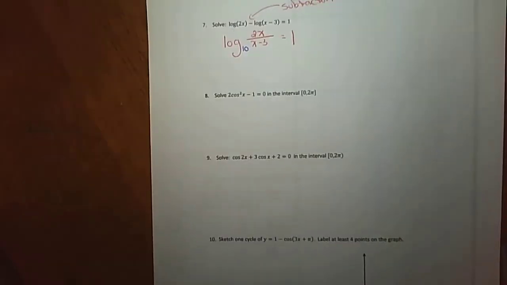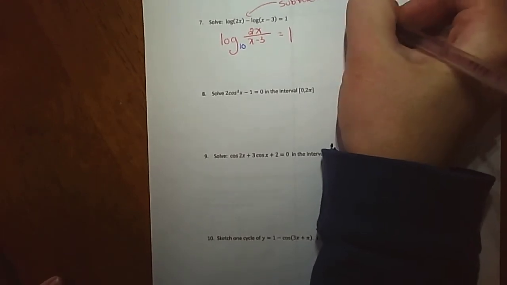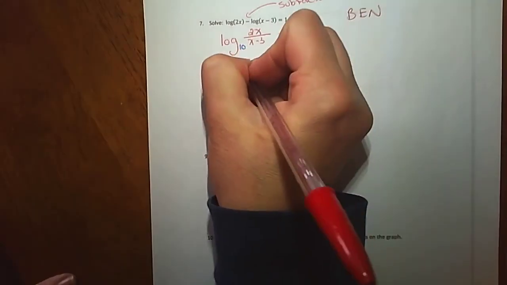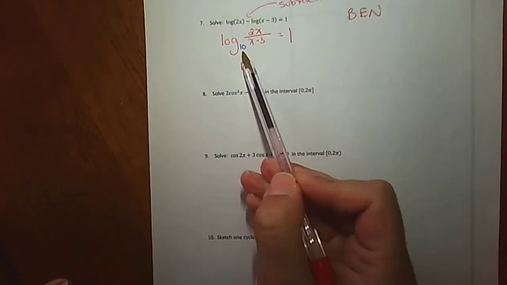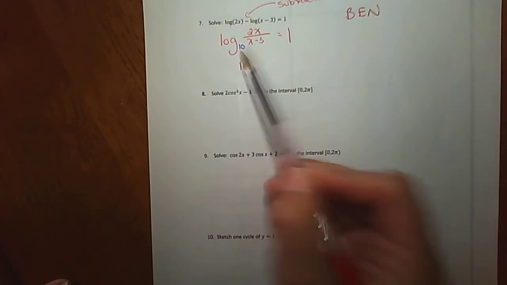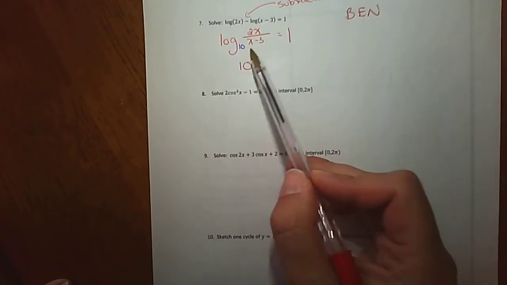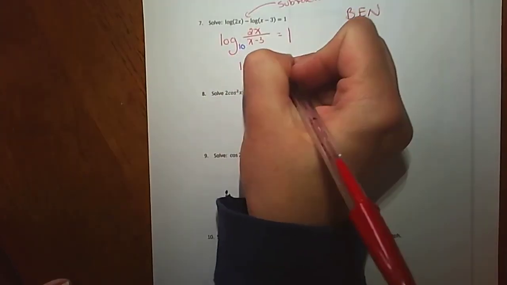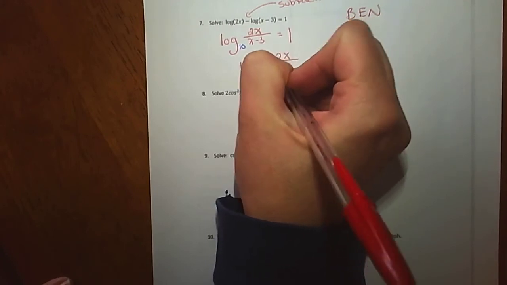Good, 10. You can change subtraction to division, and addition would become multiplication. Now it's time to do Ben. B-E-N, good old Ben. What is my base? 10. All right, the baby number is the base. My exponent, logs equal exponents, so my exponent is 1, and it would equal the fraction.